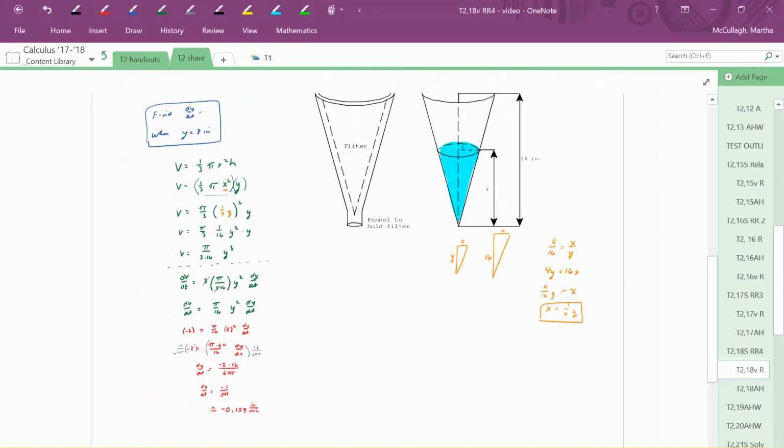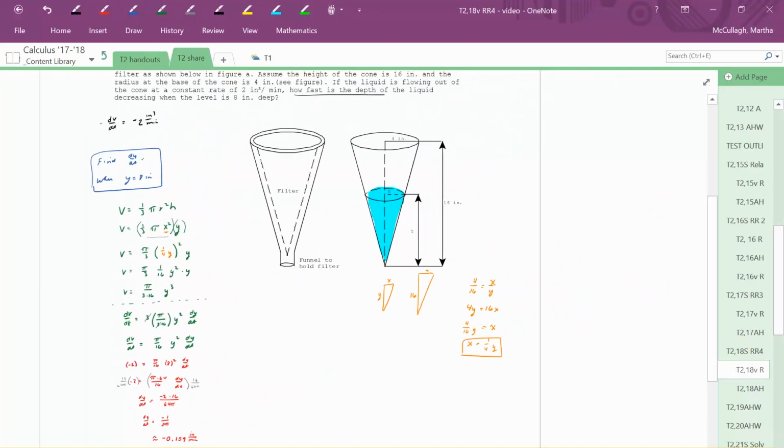Okay, so the big thing here, our learning point for today, is that at this point right here, I had too many variables. If I took the derivative there, I would end up with a dx/dt, and I don't have anything about dx/dt. So I wanted to use my sidebar over here, and I used the similar triangles, to find a substitution for x.